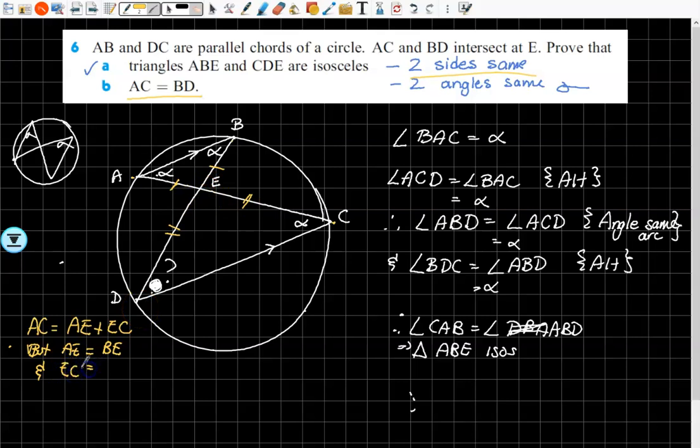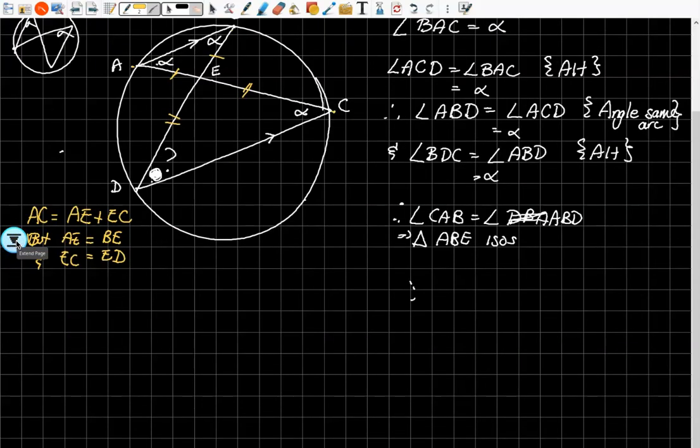Look, I'm just doing this. You might find a better way to write it down, by all means. So therefore, AC would also equal EC plus, oops, no, stuff that one up, would equal BE plus ED, which equals BD. Huzzah!